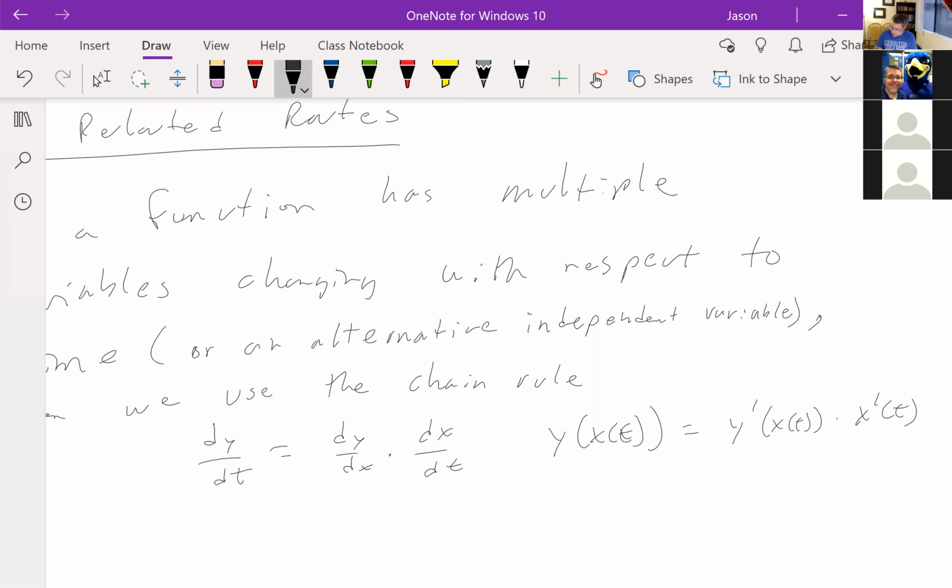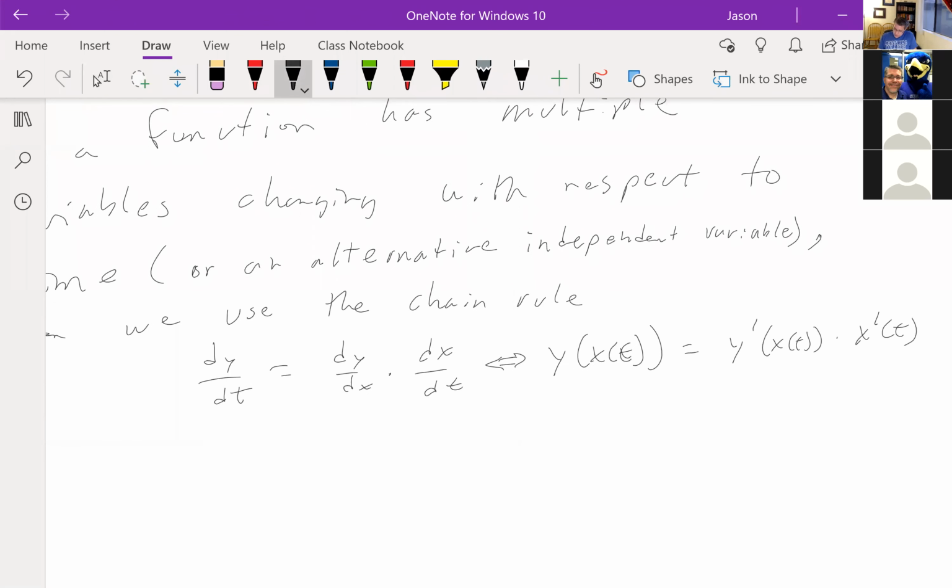That's really what this is saying. These two are equivalent statements. Just saying, look, if you have a function that is defined for t, but t is not in the function. t doesn't have to be in the function, okay? It doesn't have to be there.